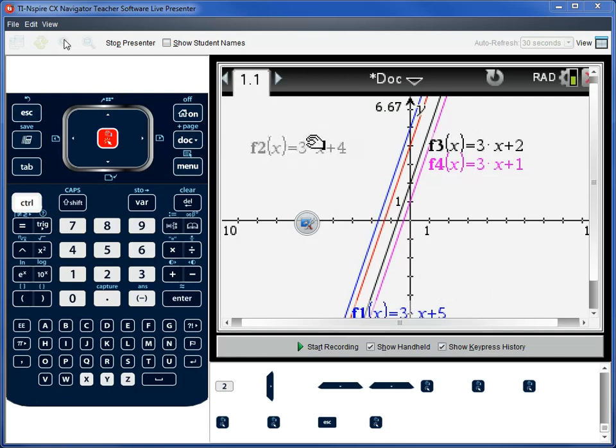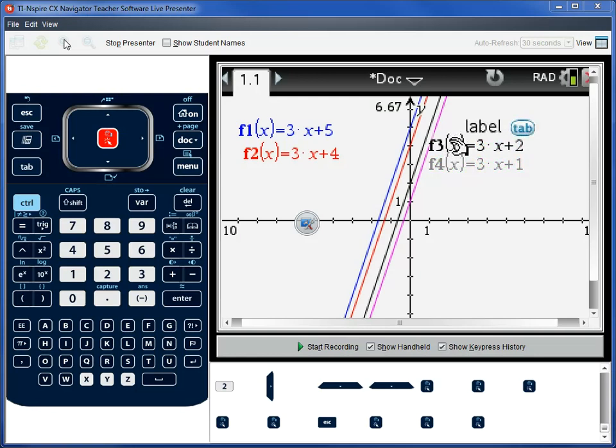Here's F2. Here's F1. Here's F3. Oops, F4. And here's F3.